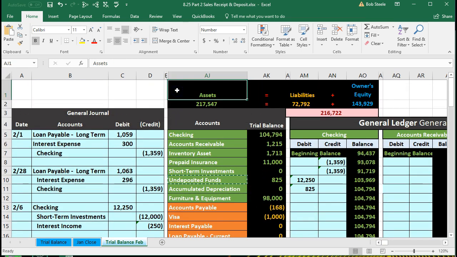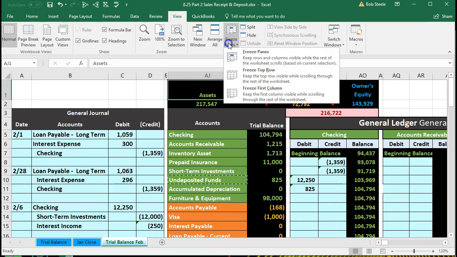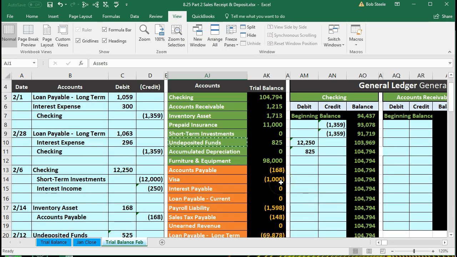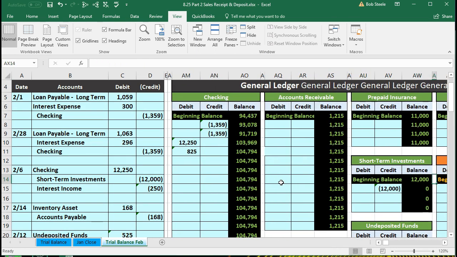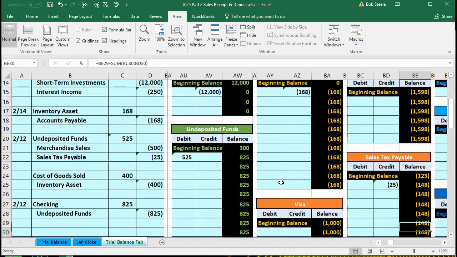We'll put our cursor in AJ1, go to the View tab, and go to the Windows group, freeze panes, and then we'll scroll down and find that undeposited funds once again while we can still see these first couple accounts. Scrolling back down, there's the undeposited funds.